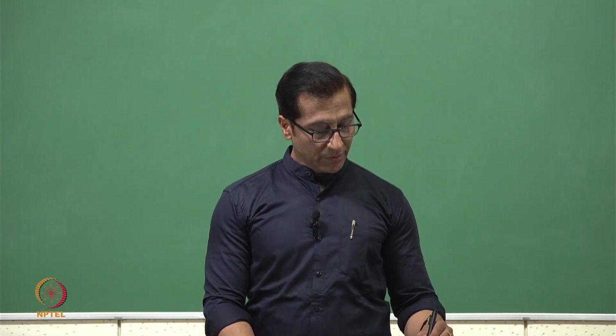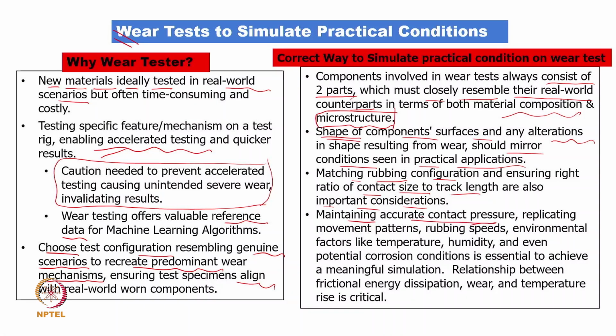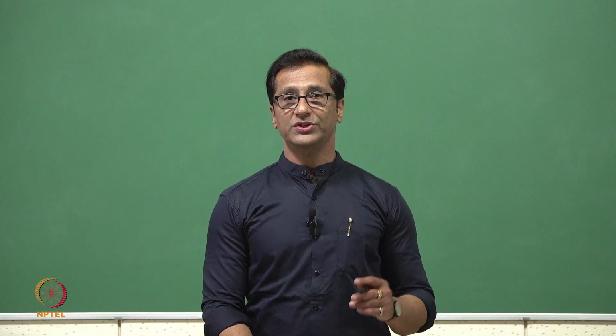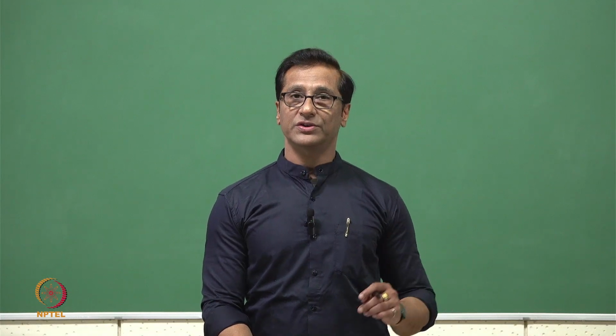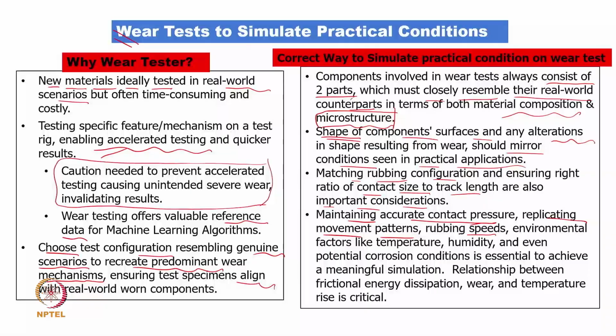So that's why we say maintaining accurate contact pressure, replicating the movement pattern, something like sliding or reciprocation or variability in velocity, whatever it is, that should be there. Even the environment, the operating temperature, humidity, and if there is some sort of corrosive media or acidic situation, that also should be present.